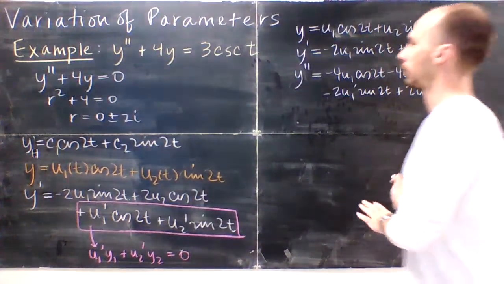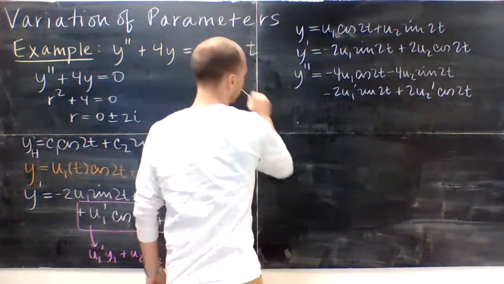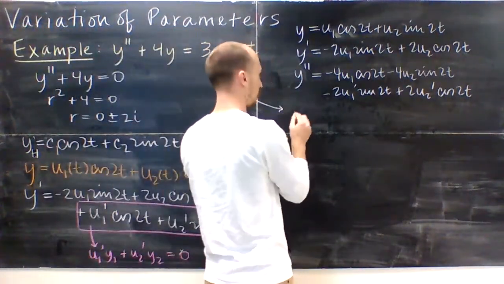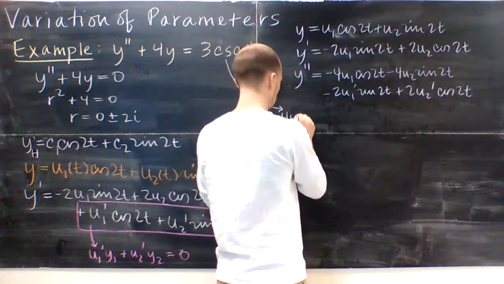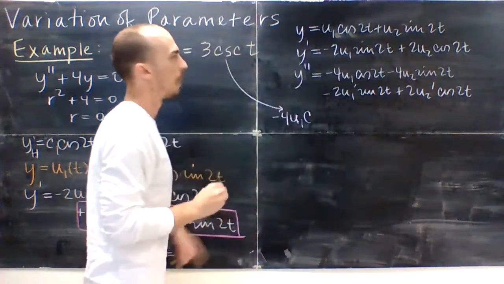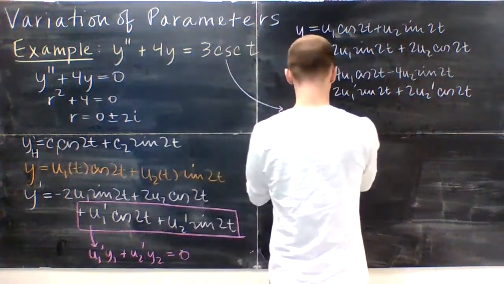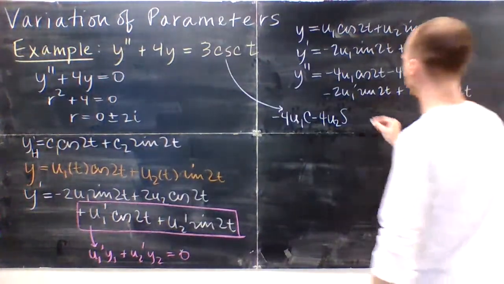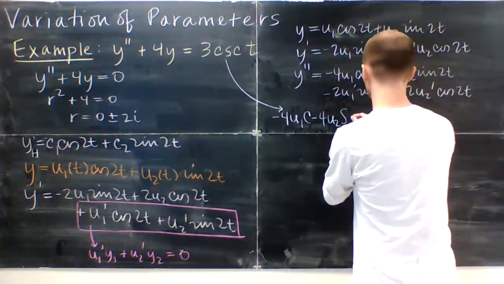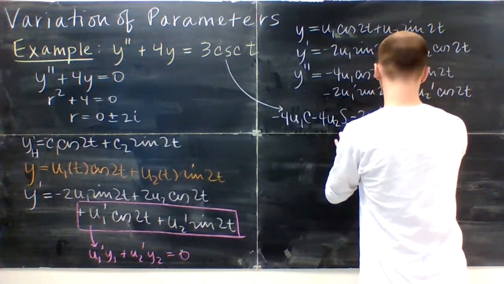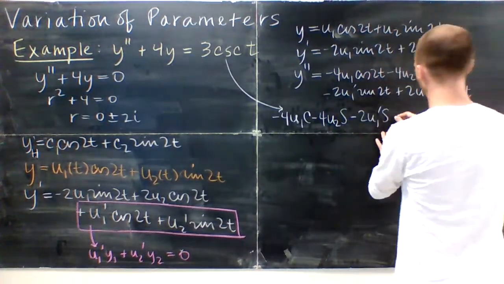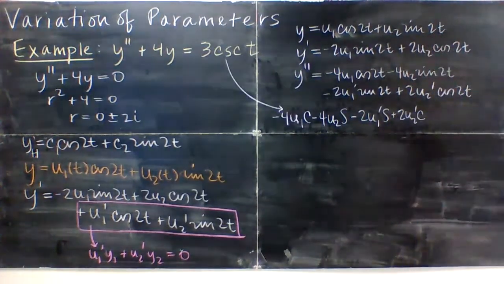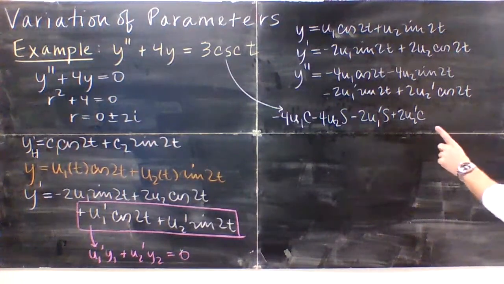So, going back to the original equation, I've got y double prime is negative 4u1 cosine of 2t minus 4u2 sine of 2t minus 2u1 prime sine of 2t plus 2u2 prime cosine 2t, plus 4y.